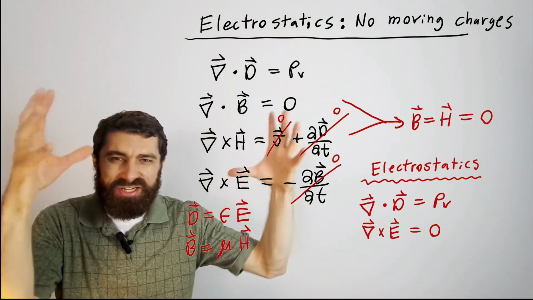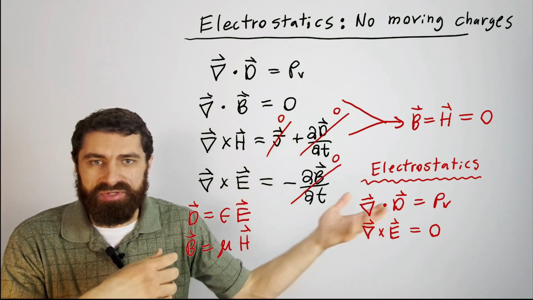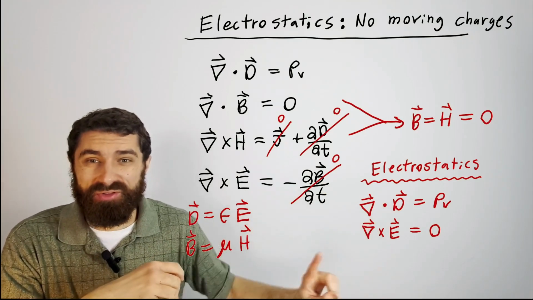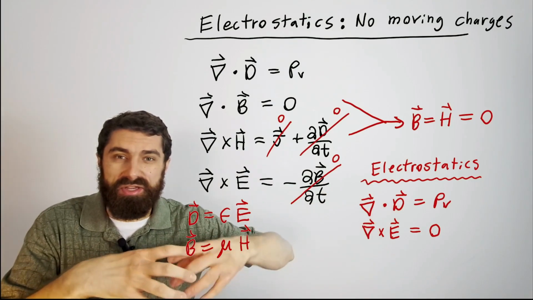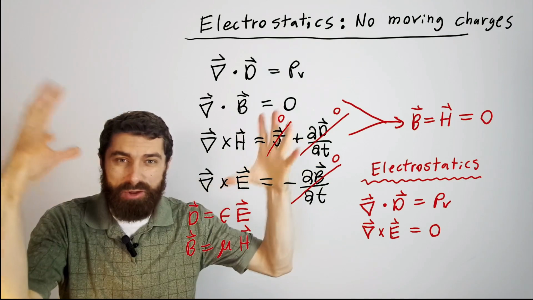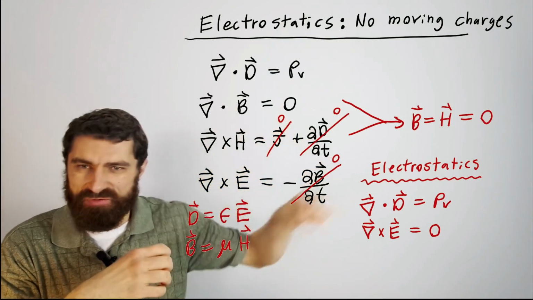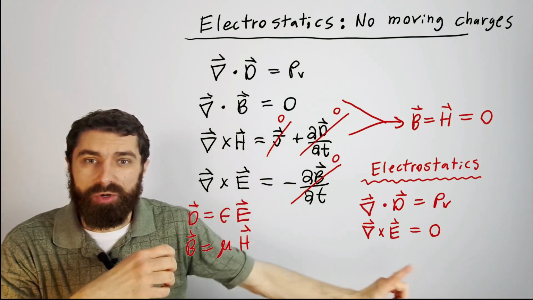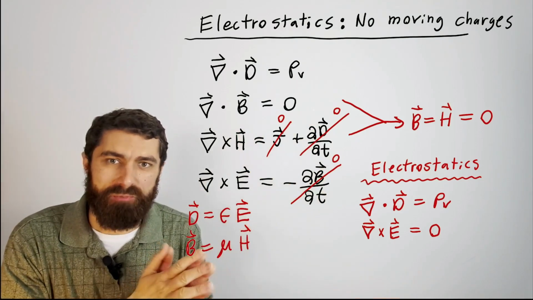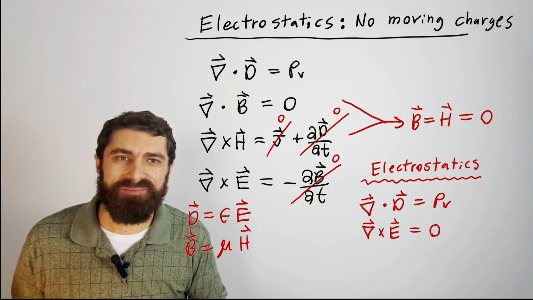So if they're radially going outward, it makes sense that you would have some kind of divergence of the electric field. But the curl, because it's just a summation of all these different electric fields that are flowing out from point charges, there's no circulation of the field. And so therefore everywhere the curl of the electric field will be zero. So hopefully that gives you a little bit of an intuition of how that works.